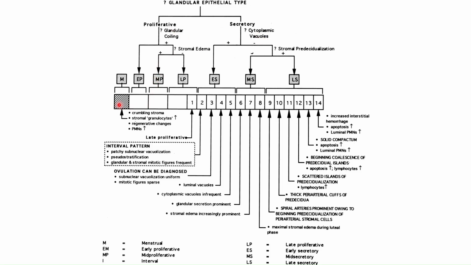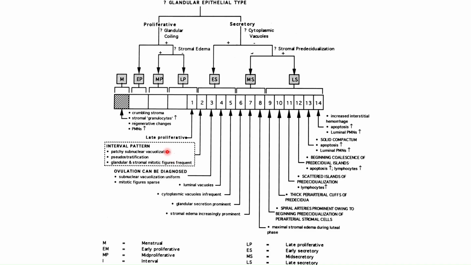Now, menstrual phase generally is identified by plumbling stroma, stromal granulocytes, and regenerative changes along with the polymorphonuclear cells.